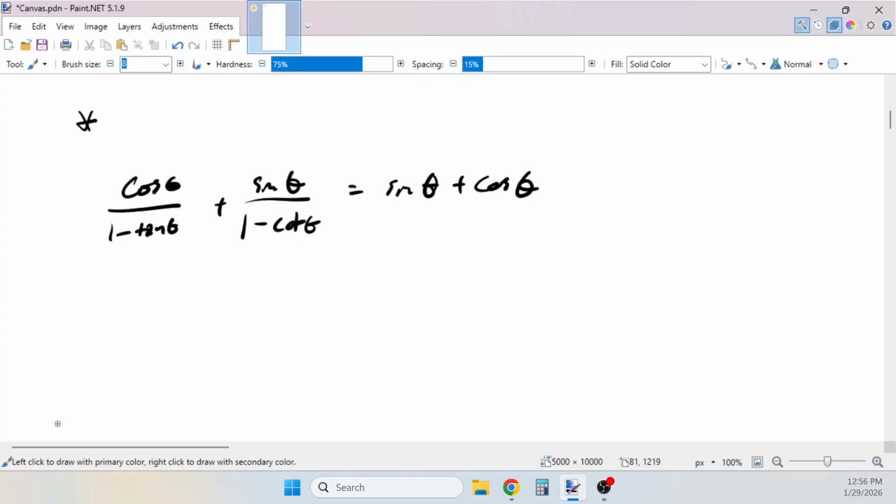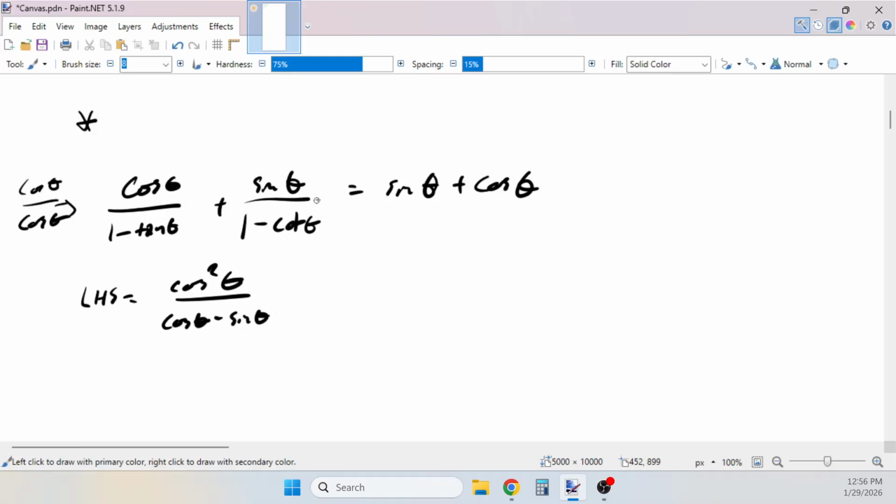So we look at this, and I think, well, tangent is sine over cosine. If I multiply this by cosine theta over itself, I might get something. So the left-hand side, what I'm starting with, I get cosine squared theta on top over cosine theta minus sine theta.